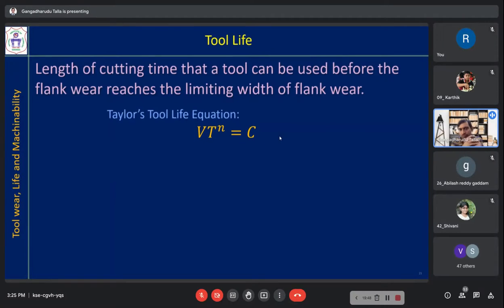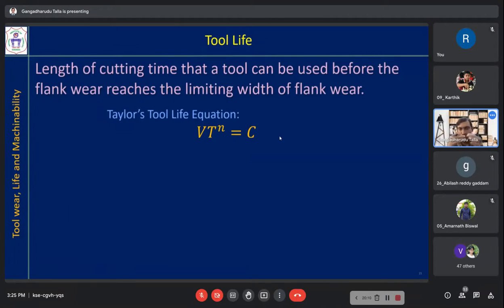Now, this is one famous equation for estimating the tool life. A very simple equation: V T power n is equal to C. Now what is V? Cutting velocity.